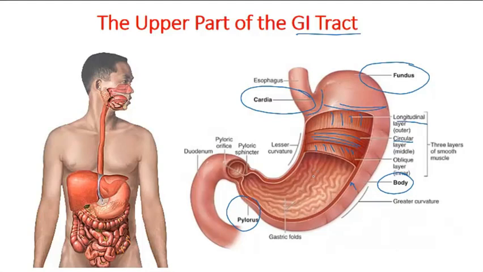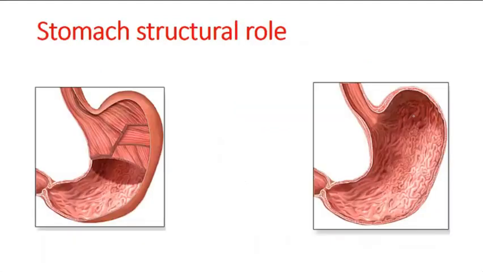And another very important structure of the stomach is this kind of folds, the inner layer folds of the stomach. Due to these folds, the stomach can increase its surface area and its size based on the amount of food it receives.